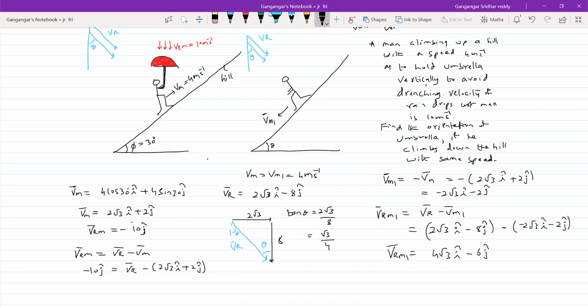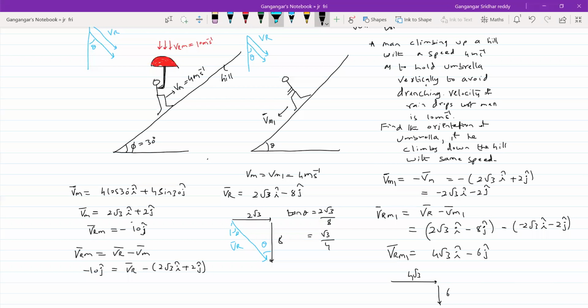It all depends upon the calculations we considered here. So how should we hold the umbrella? VRM1 bar. Roughly what about the direction of this? X component is 4 root 3, Y component will be minus 6.